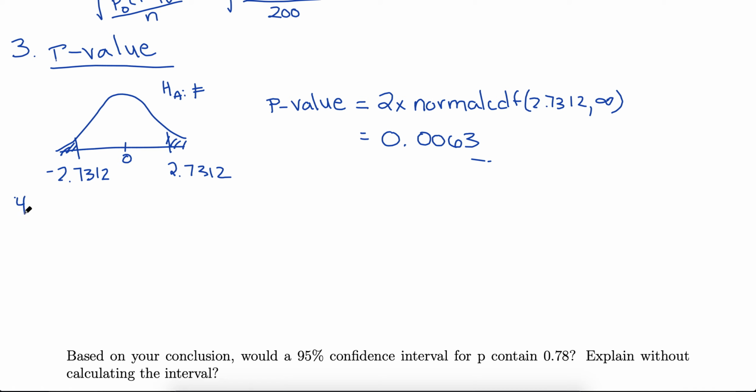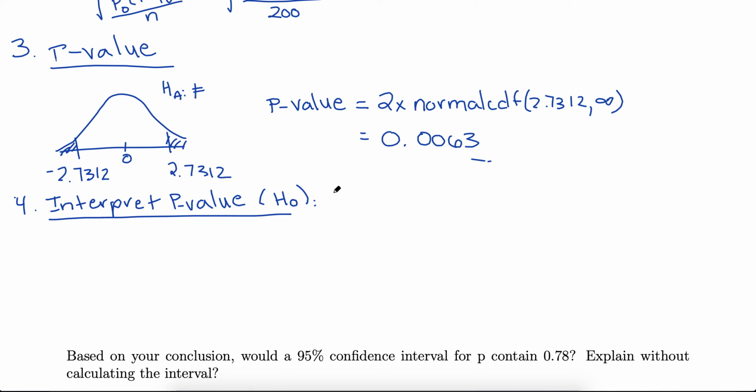So step 4 is our interpretation of the p-value. And I'm just going to write a reminder here. This is always in terms of the null hypothesis. Get used to that idea. So interpreting this p-value, the p-value used the z-score. The z-score, we plugged in the null of 78 everywhere, so that was our initial assumption.